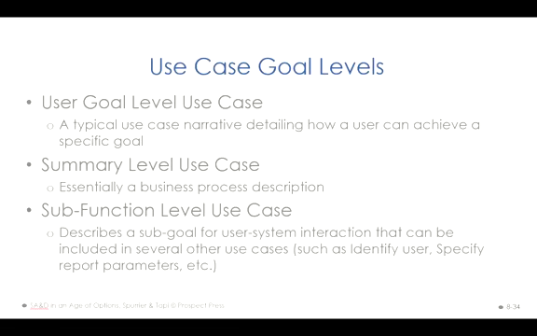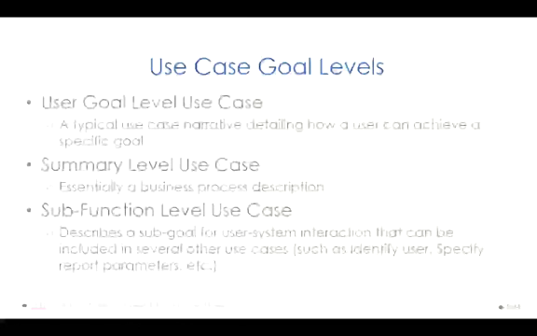Also, when you present your use case to different audiences, you may want to present a different version to each. At the user goal level, you provide those to the user to look at what they can expect from the system once you implement it.